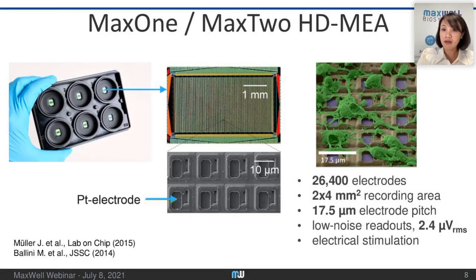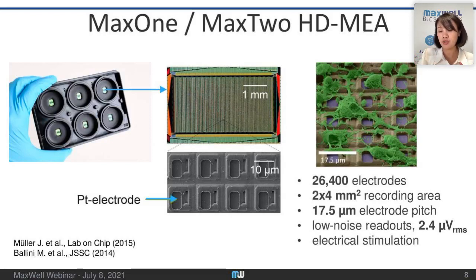Now focusing more on the electrodes. So here in each of the well, we have 26,400 electrodes within a 2x4 millimeter square area. And the distance between these two electrodes is 17.5 micrometers center to center. So what you can imagine now is for every cell, as shown here on the figure on the right, one neuron can be detected by multiple electrodes, and also the neurites or the axons can also be passing on top of these electrodes.